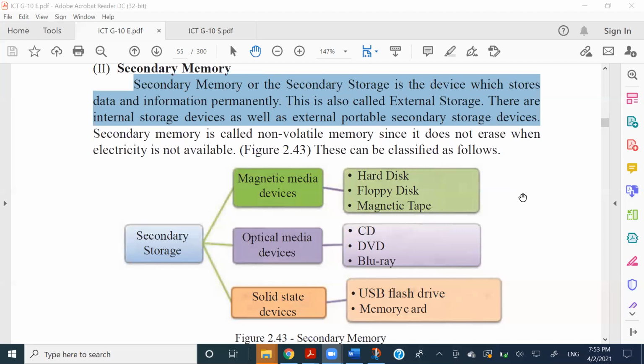It's just a circuit. There are no moving parts. So that is why they are called solid state devices, right? So USB flash drives and memory cards do not have any movable parts, so they are called solid state devices, right?